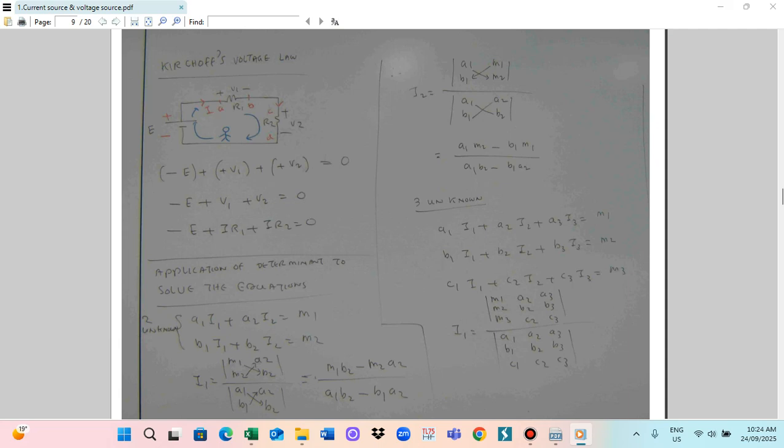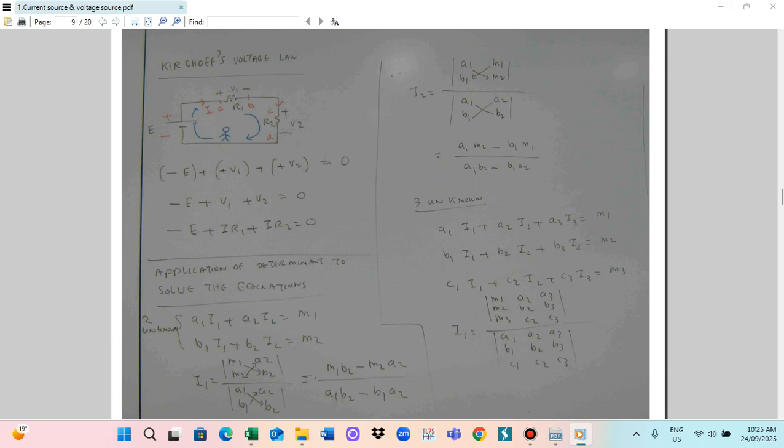Okay, next we use the application of determinants to solve the equations. How do we do that? You multiply this and this, minus this, so M1 B2 minus M2 A2, divided by, multiplying this way and this way, A1 B2 minus B1 A2. This is the solution for I1. So we can calculate the I1 formula like this, and also calculate I2.